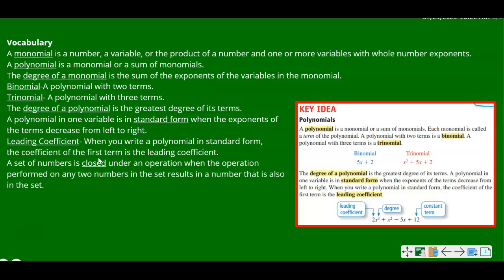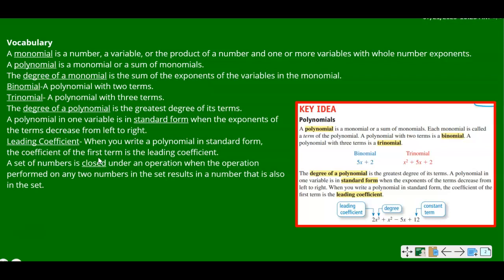A trinomial is a polynomial with three terms, and the degree of a polynomial is the greatest degree of its terms. A polynomial in one variable is in standard form when the exponents of the terms decrease from left to right. So standard form, your exponents will decrease from left to right.